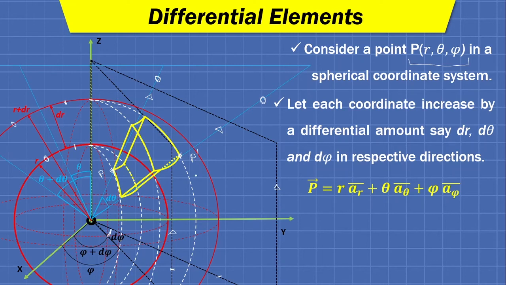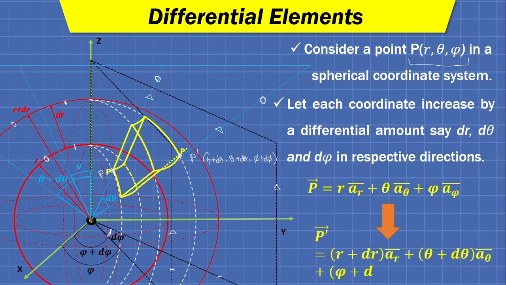So P can be represented as (r, theta, phi), and P prime can be represented as (r plus dr, theta plus d theta, phi plus d phi). And the vector of P prime can be represented as (r plus dr) a_r bar plus (theta plus d theta) a_theta bar plus (phi plus d phi) a_phi bar.